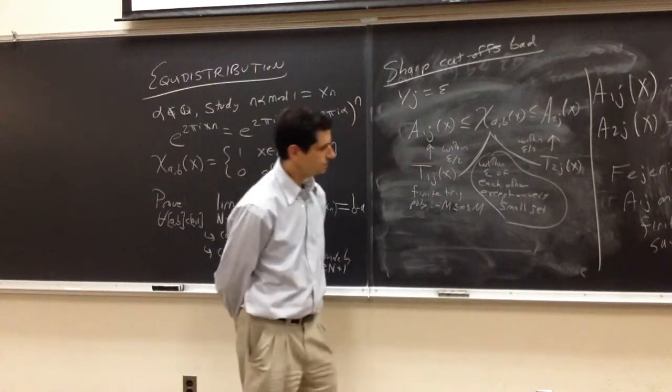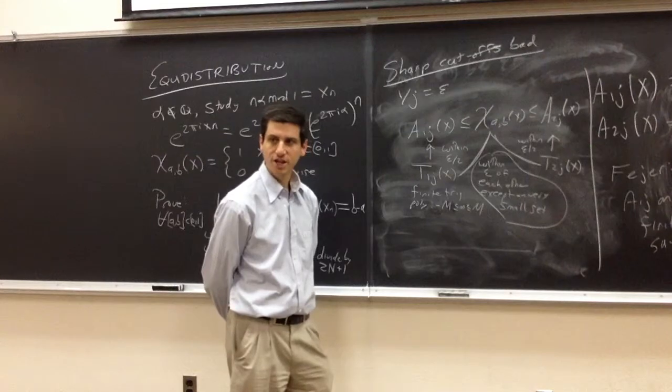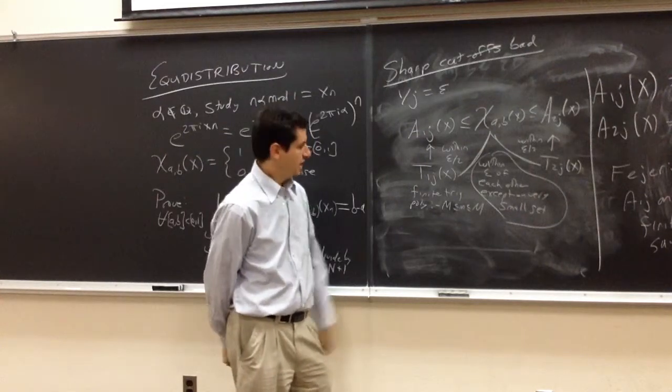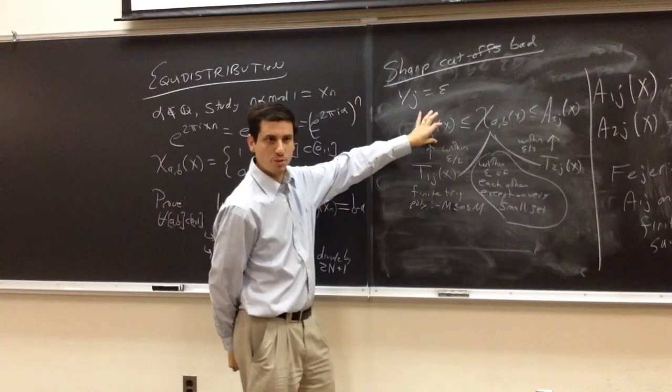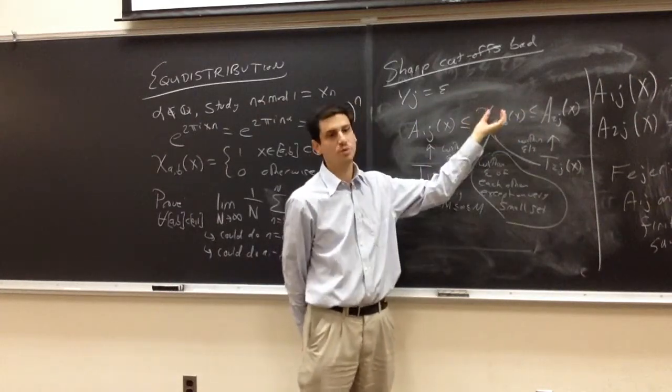Okay, so sort of like a sideways heart. They will be very close to each other. This really does a great job approximating this. This does a great job approximating this, so this will do a great job approximating this.